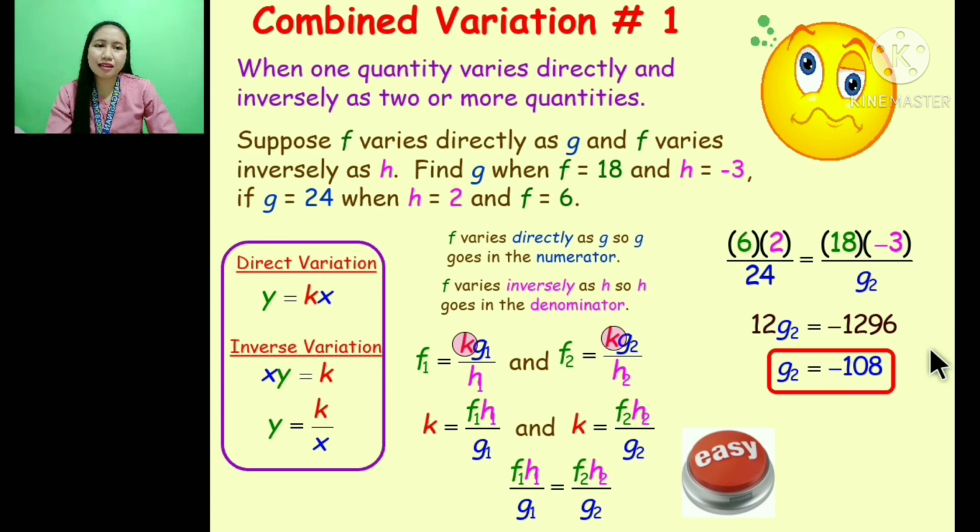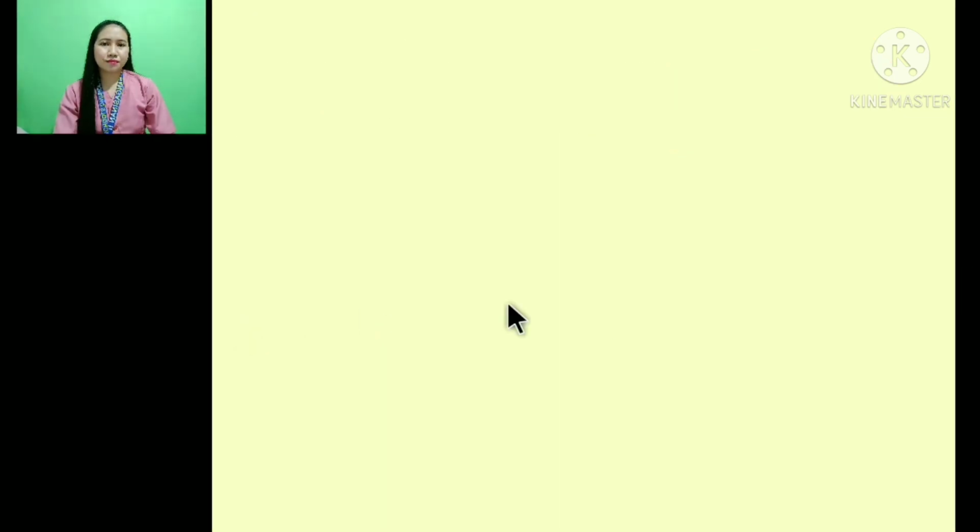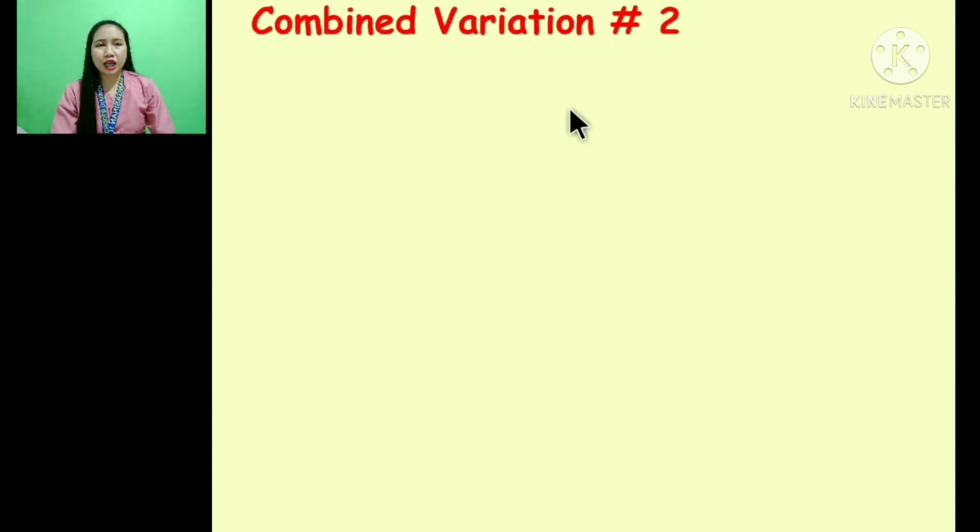So that is very easy. So if you notice, just like in joint variation, we use the method number 2 in the combined variation. Let us now move on to combined variation example number 2.